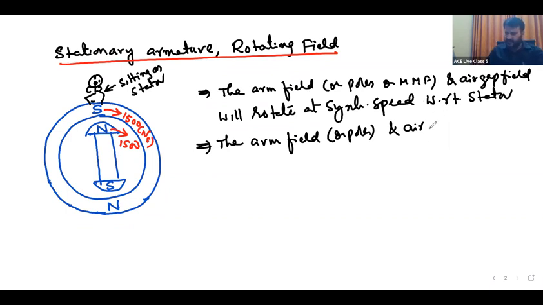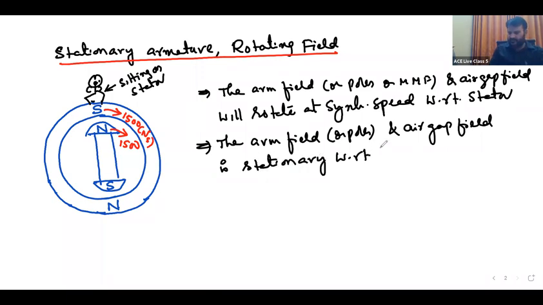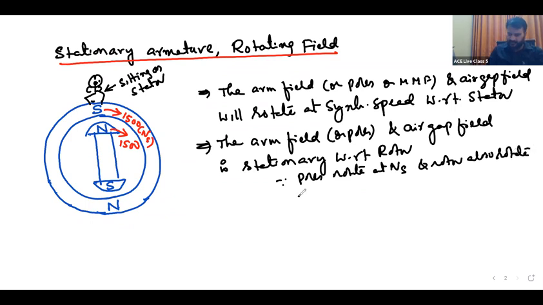The armature field and air gap field are stationary with respect to the rotor, because the poles rotate at synchronous speed Ns, and the rotor also rotates at Ns. Therefore, the relative speed is zero, which means both are stationary.